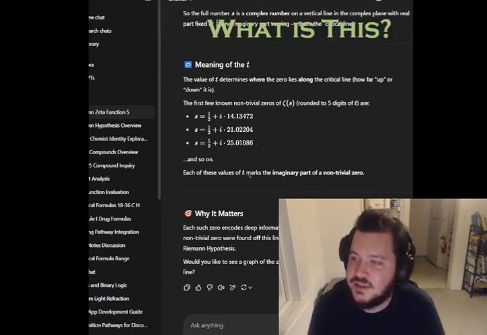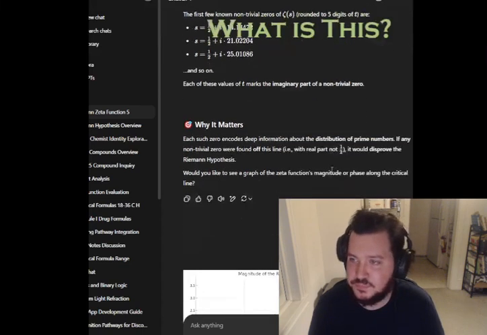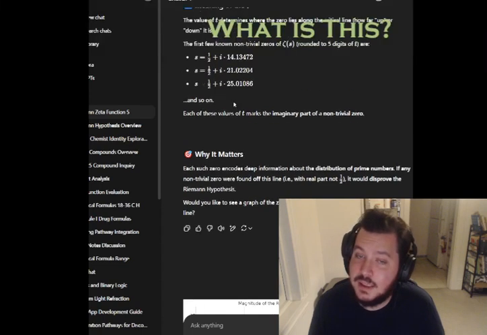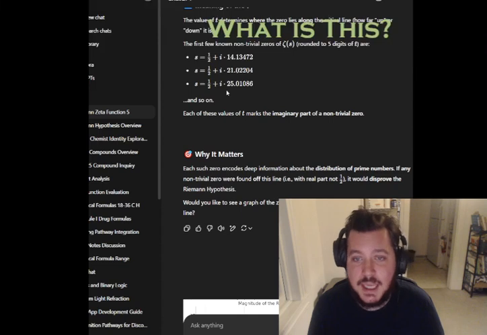Each of these values of t marks the imaginary part of a non-trivial zero. And that's important. These numbers have a lot of significance. I know I'm just reading everything she spits out, but this triggered something in me that allowed me to continue this conversation in a meaningful way.